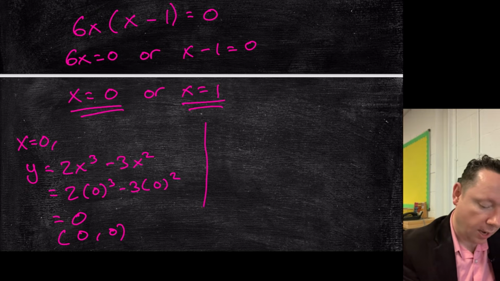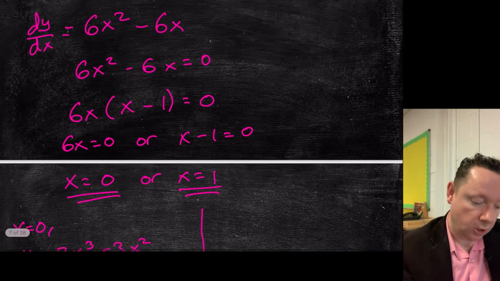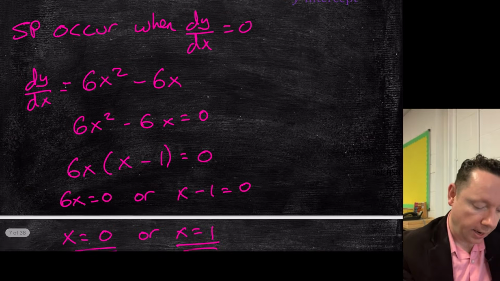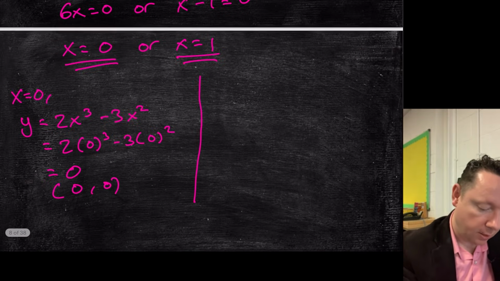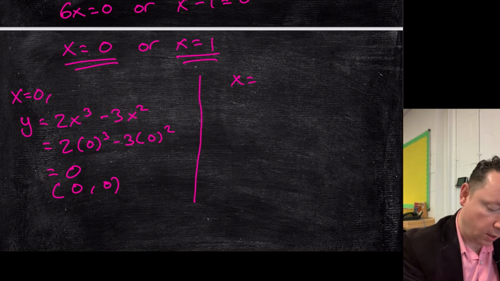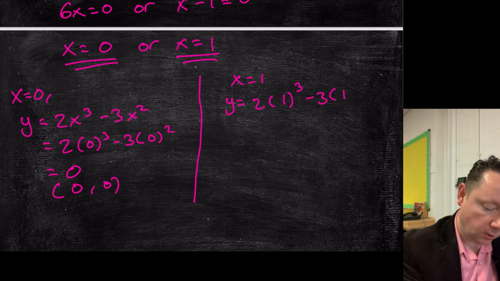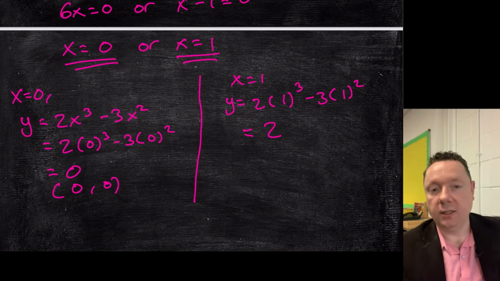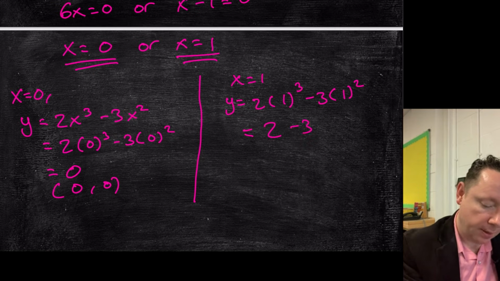Now we can look at our other point, which is when x equals 1. So when x equals 1, y equals 2 times 1 cubed minus 3 times 1 squared. That is 2 times 1, which is 2, minus 3 times 1, which is 3, which is minus 1. So our point is 1, minus 1.